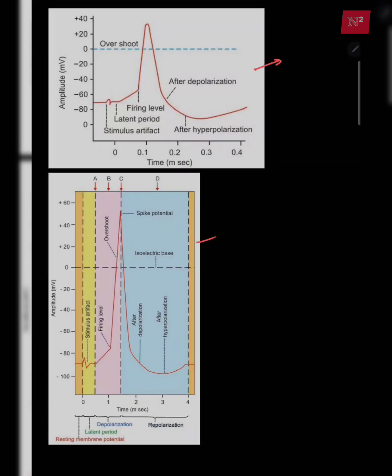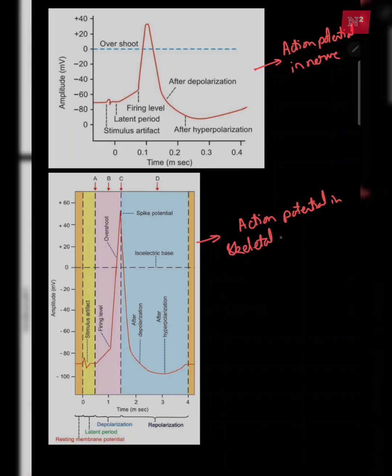So these two charts are given. The upper picture is showing you the action potential in nerve, and this is showing you the action potential in skeletal muscle.